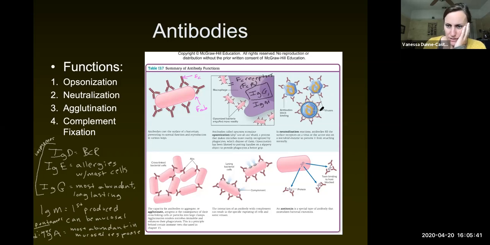For neutralization, all antibodies can do this. IgG is great at this, IgM is great at this, and IgA, so all of these classes that are our highest responders, IgG, IgM, IgA, all of them can do this.